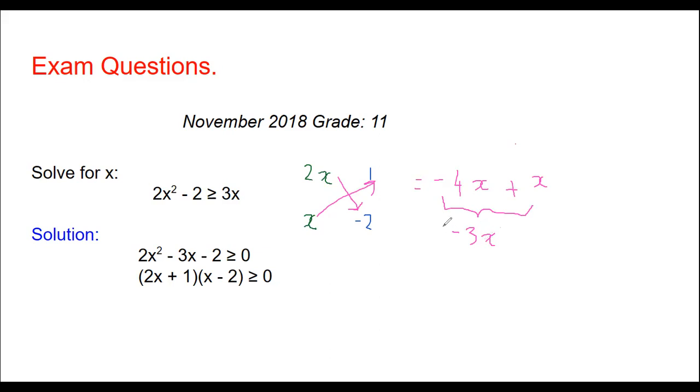All right, which is what we have in this middle term. So that's how you find the factors. So then you have this 1, which is understood to be plus 1. And that's how you find your factors.